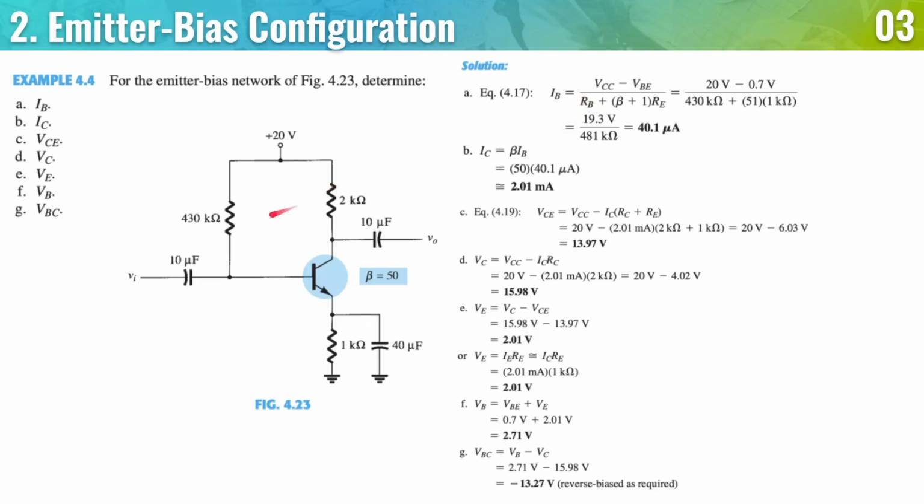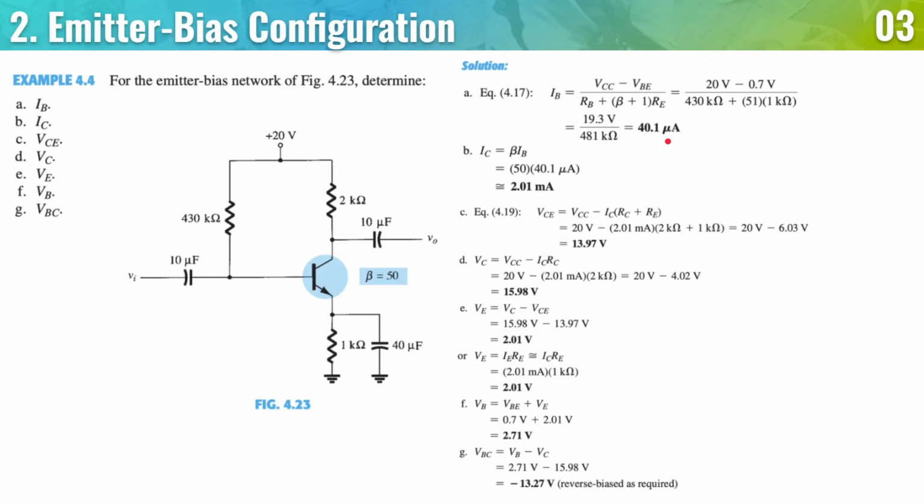For RB, it passes through this resistor, and it also passes through this resistor. Since RE is reflected, we must add beta plus 1. Substituting everything, we get 40.1 microamperes.